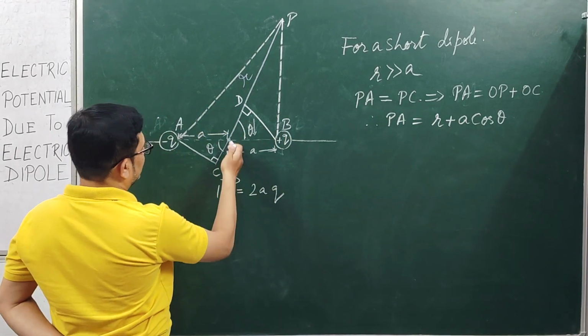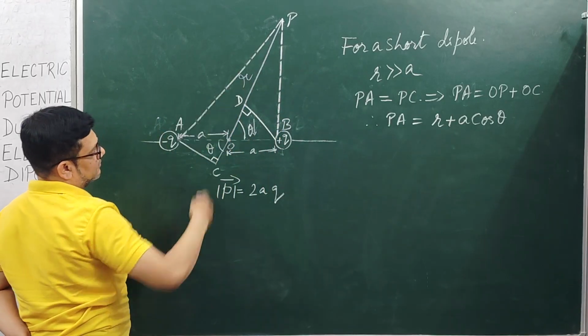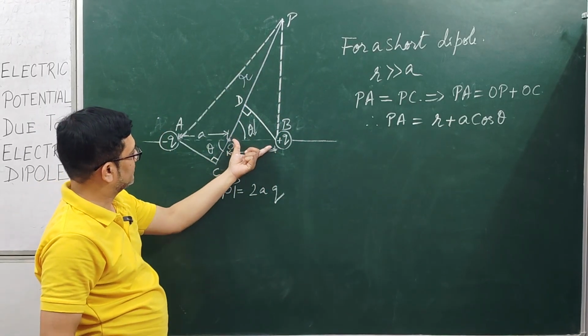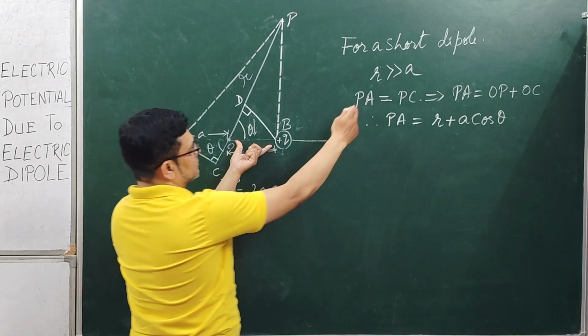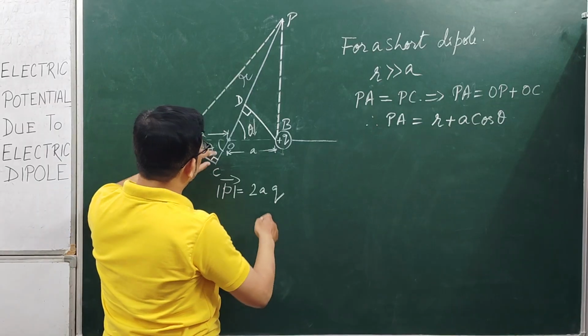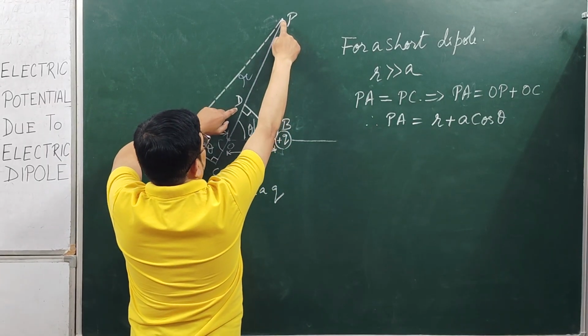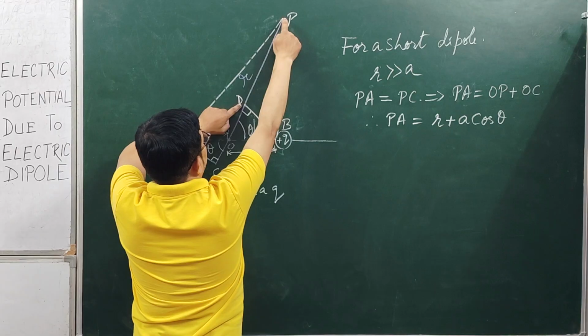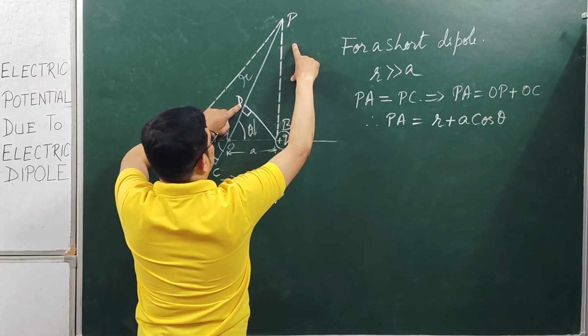Now look similarly in this part of the construction. If this holds true, that R is very much greater than A as we have assumed, then this PD would eventually become PB. Why?